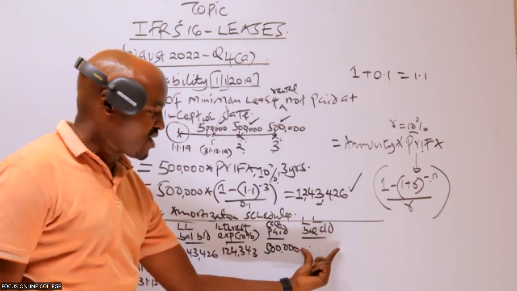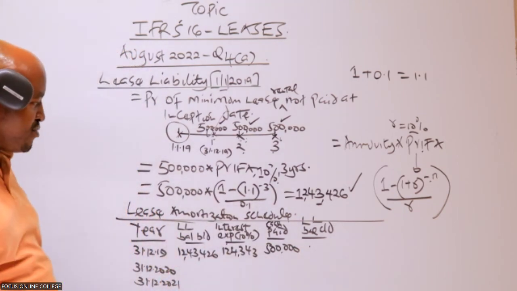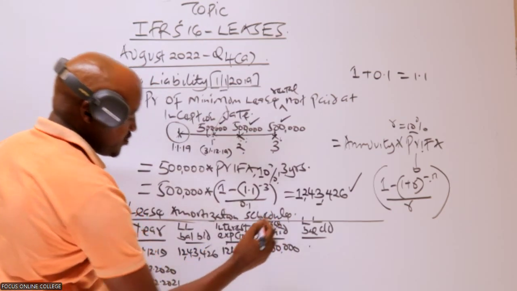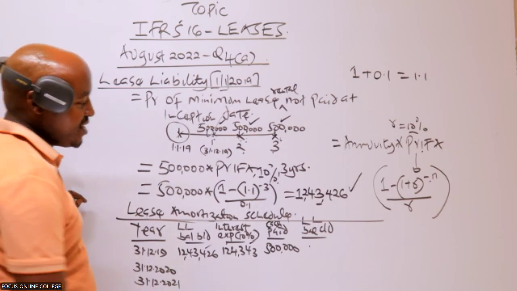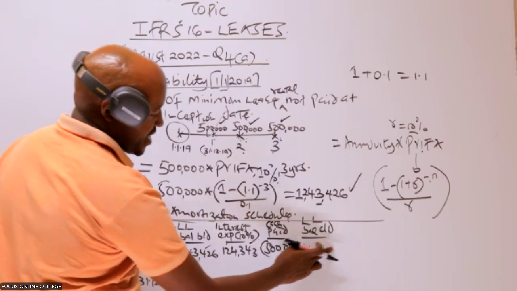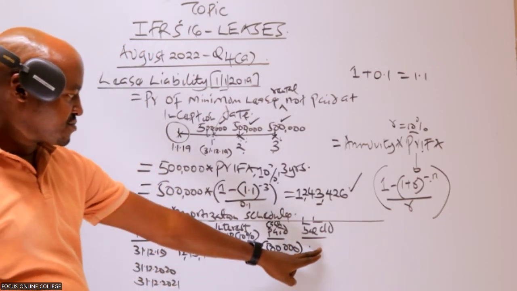How do we compute the loan balance at the end of the year? Very simple. We take your loan balance at the start, add the interest which you were charged during that year, and then deduct the amount which you paid. That will give us your loan balance at the end of the year. So give me this one.